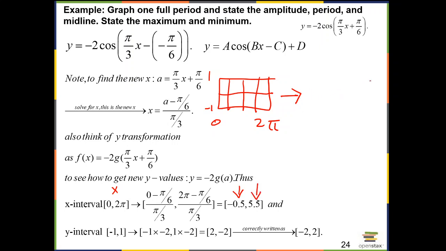So that means we get a rectangle where the first number is -0.5 and the end of the rectangle is 5.5. Now, what happens with -1 to 1? Well, you just multiply by 2, so you go from -2 to 2. So you know exactly where this cycle of cosine is. And remember, we knew the shape of it. It doesn't start from here, but it starts from here and goes up, and that's it.